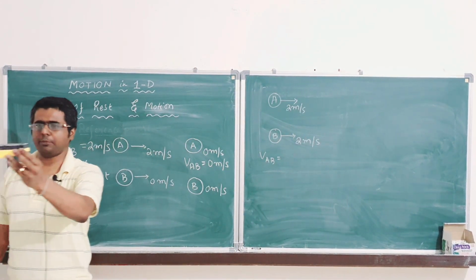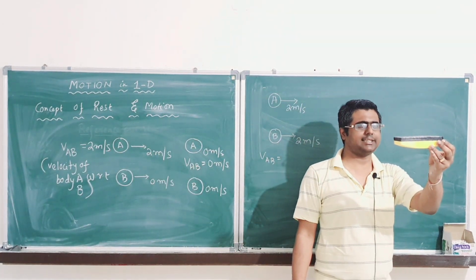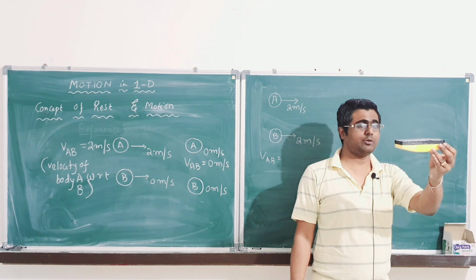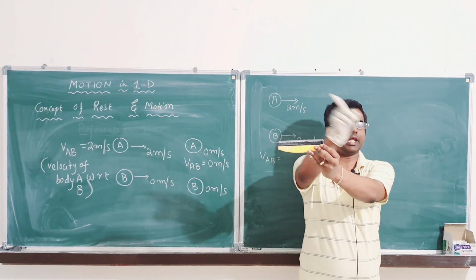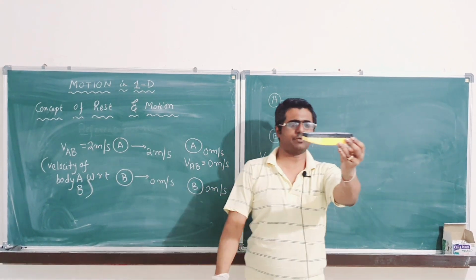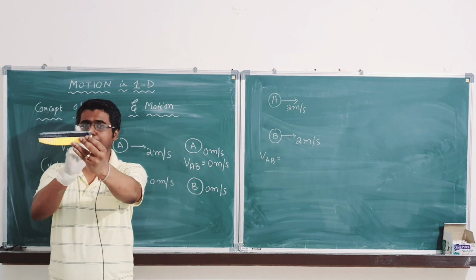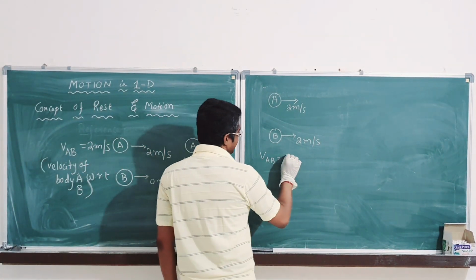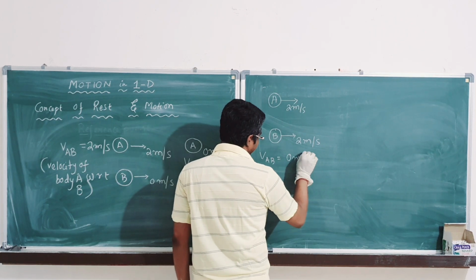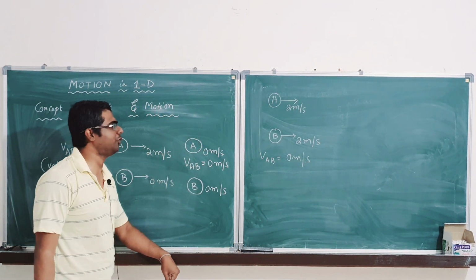Can I see any change in the position of A? Previously, when I was not moving, A was moving away from my eyes. But now when I am moving too, A's position is not changing, it stays in the same position. So in this case VAB is 0 meter per second.